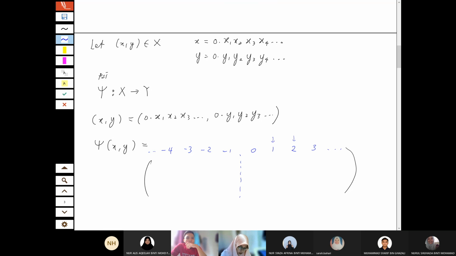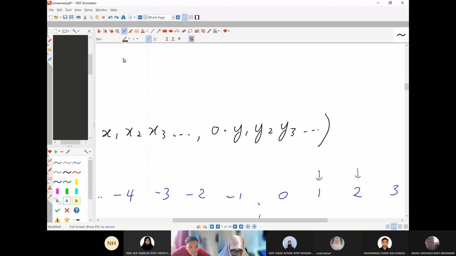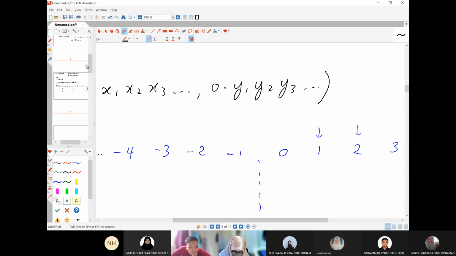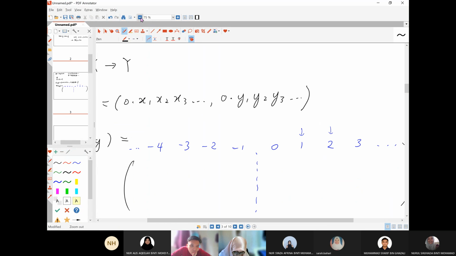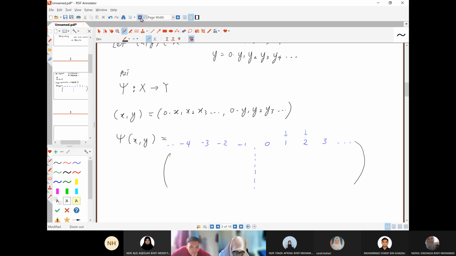Okay. Now how to list the coordinates that we have here? First, 0 is here, right?